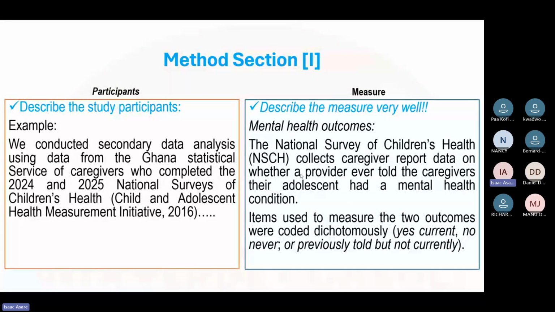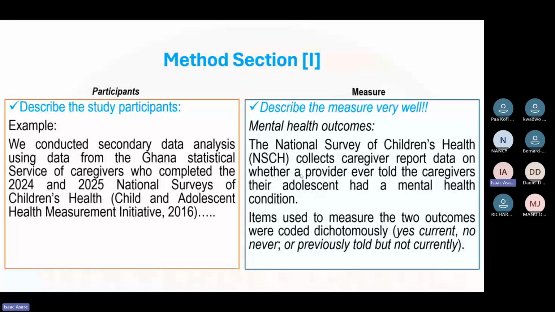And now you should be able to even come out with how you measure the outcome variables. How did you measure mental health? Remember you want to find out whether the classes that you have established have impact on mental health. How did you measure the mental health? Did you use a scale of 1 to 10, 1 to 5, 1 to whatever?